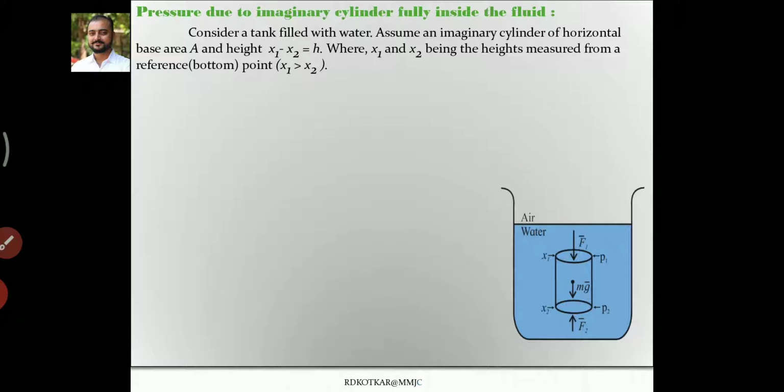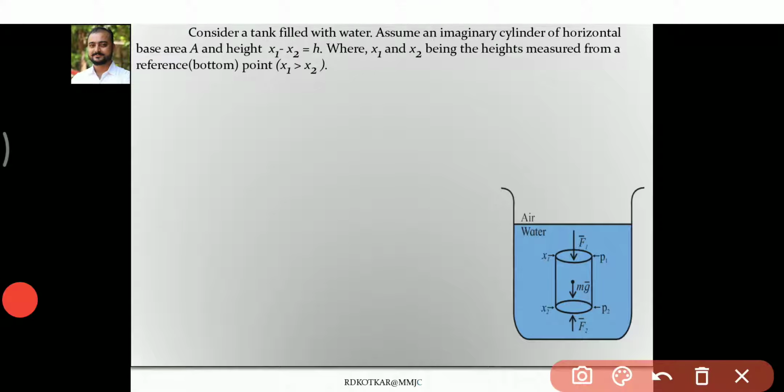Assume that an imaginary cylinder of horizontal base area A and height x1 minus x2 equals h, where x1 and x2 are the heights measured from the reference point, that is from the bottom, and x1 is greater than x2.